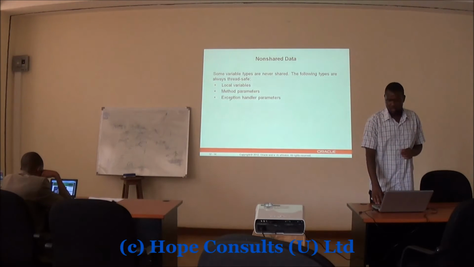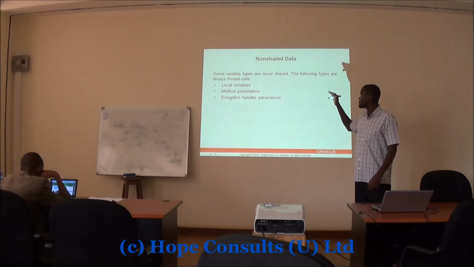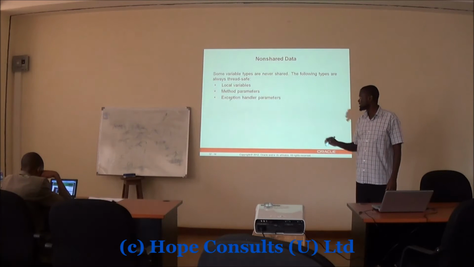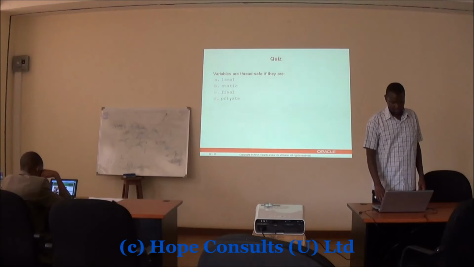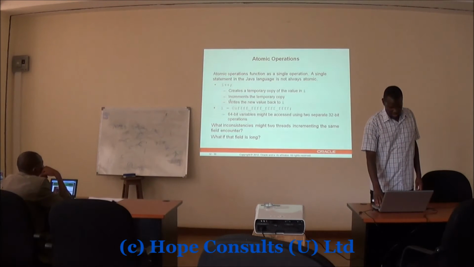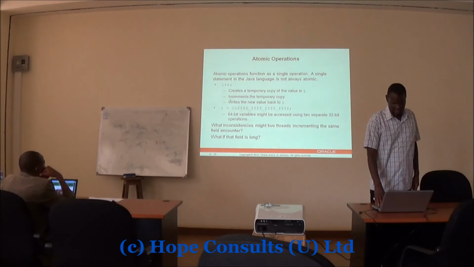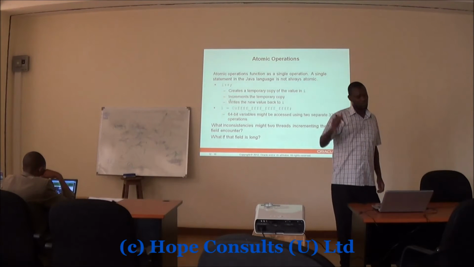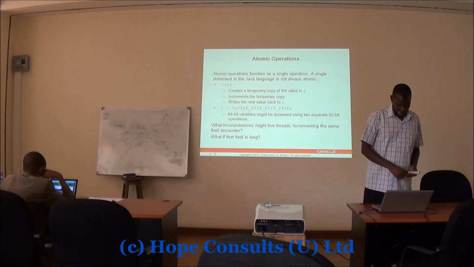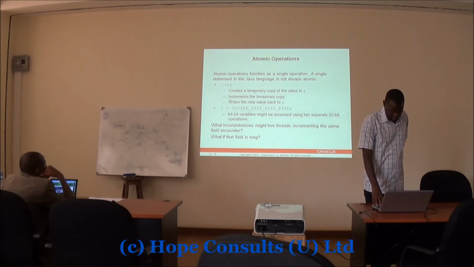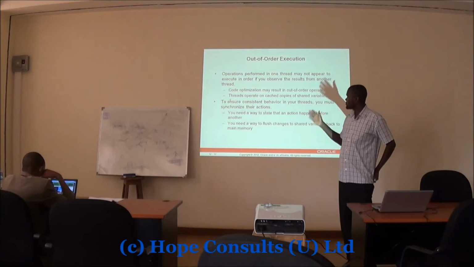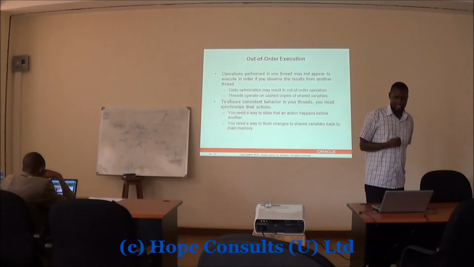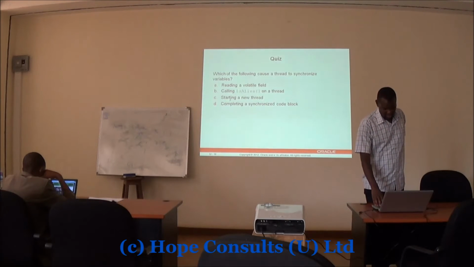So you don't need to worry about local variables, method parameters, or exception handler parameters. What you need to worry about is the data in the global section of your code, because you will have out-of-order execution when several threads are trying to access the same variable.